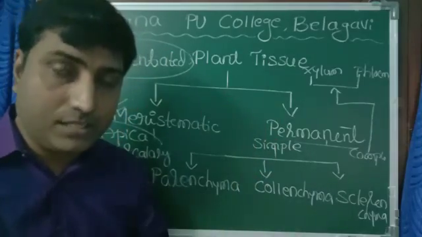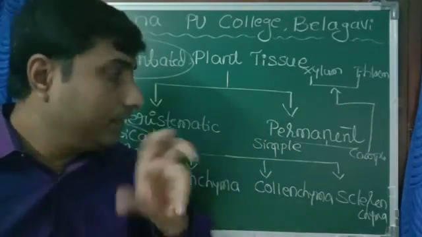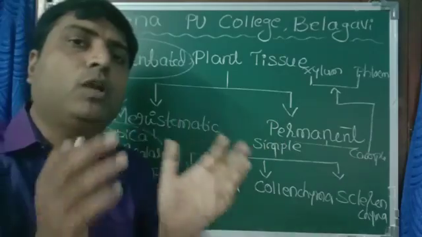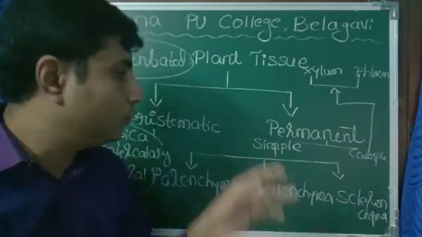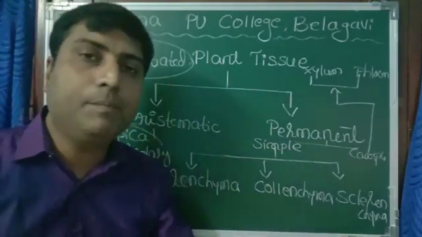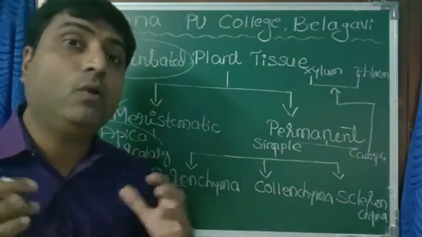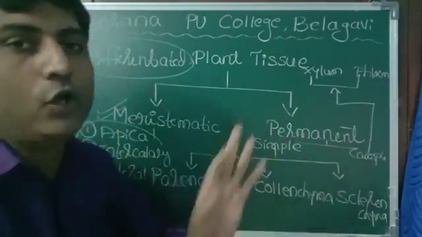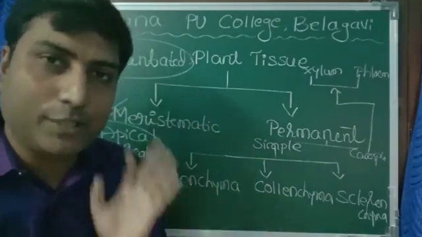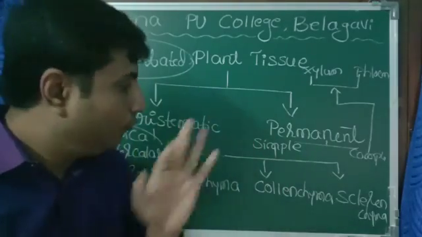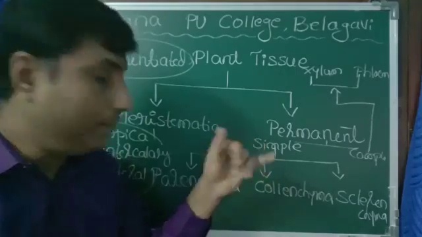Permanent tissue, based upon the number of cell types: if it is made up of only one type of cells, we call it simple permanent tissue. If it is made up of more than one type of cells together, we call it complex permanent tissue. Now we will see the simple permanent tissue.